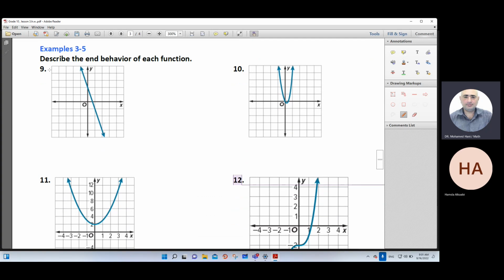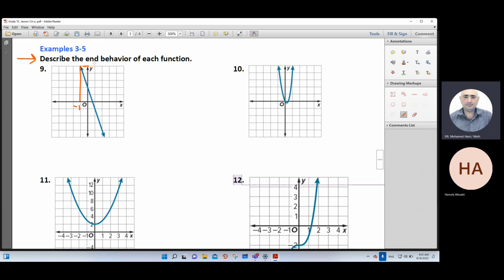As you see in this question, describe the end behavior of each function. The function here will be linear. If I choose this point, what is the value of x? -1. What is the value of y? 1, 2, 3, 4, 5.